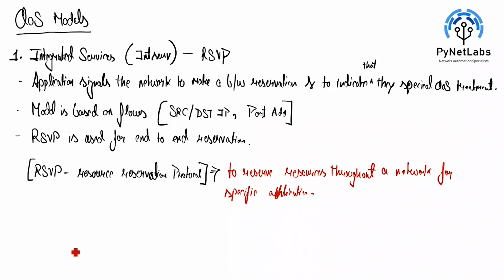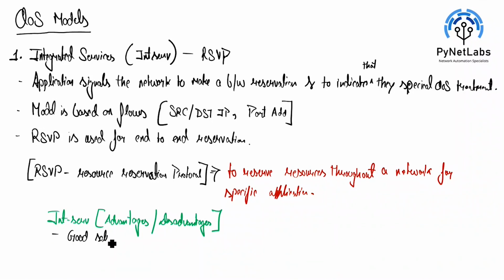So just let me write here. IntServ model advantages versus disadvantages: what are the advantages and what would be the disadvantages. We can say it's a good solution for managing the flows.